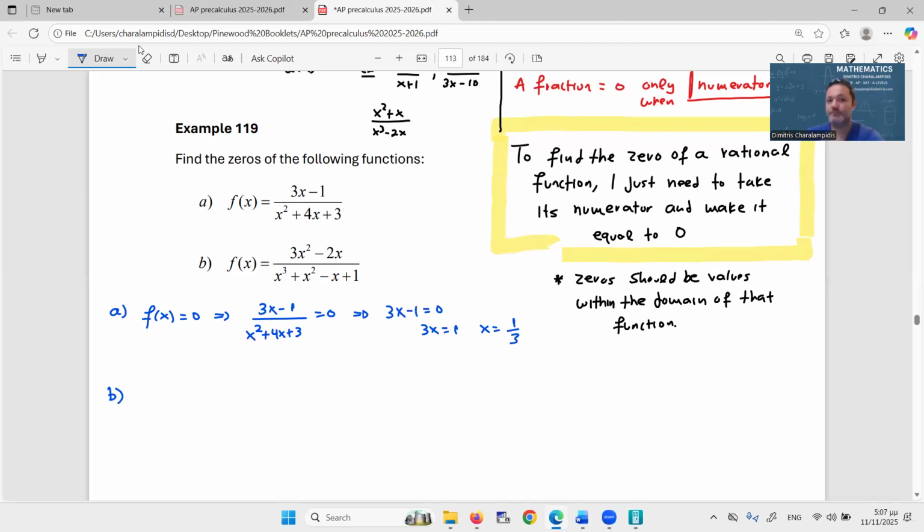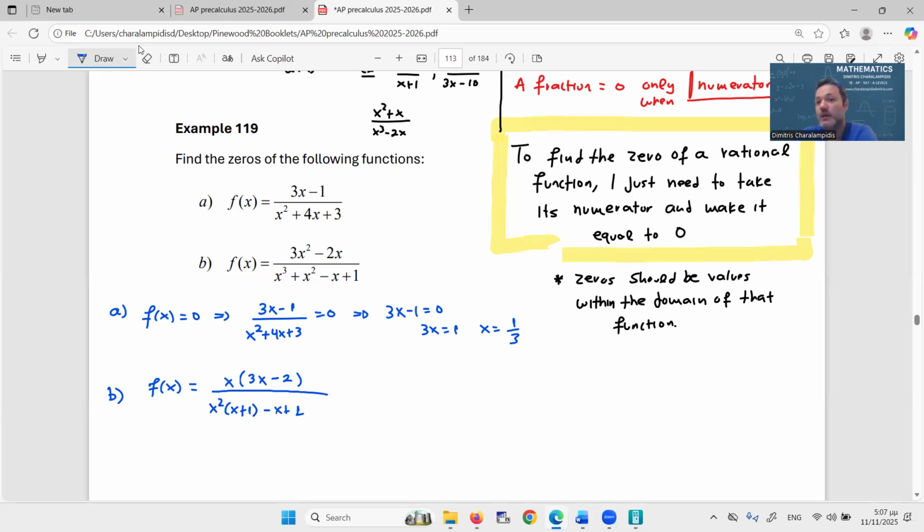Now, in B, let's see something. Every single time, if we can factorize these rational functions, then we should start from there. I originally had 3x squared minus 2x. So it's x times (3x minus 2). At the denominator, I should get x squared, so x plus 1 from the first, minus x plus 1 from the bottom.